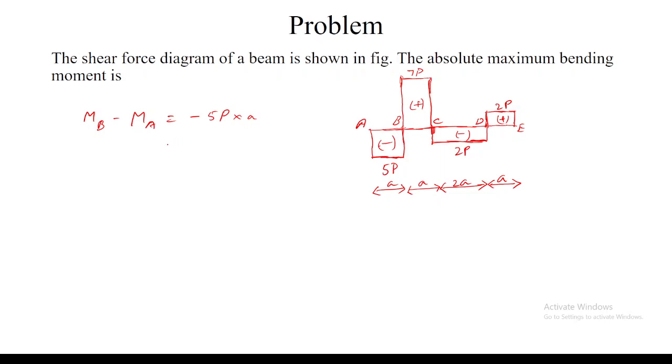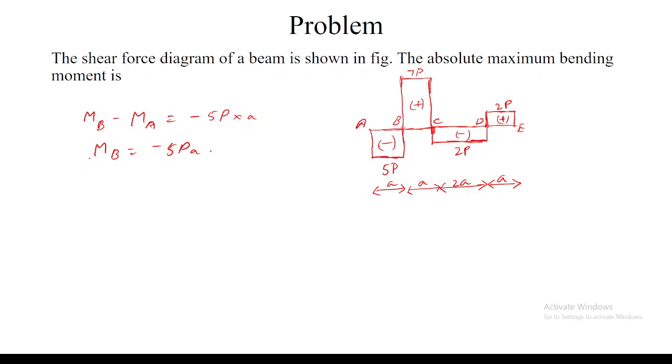Is that right? Yes, sir. So what is the bending moment at point A? Since they haven't given any information, you can assume this as a simply supported beam from A to E. So the bending moment at A will be 0. So you will get MB equals minus 5PA. Okay.